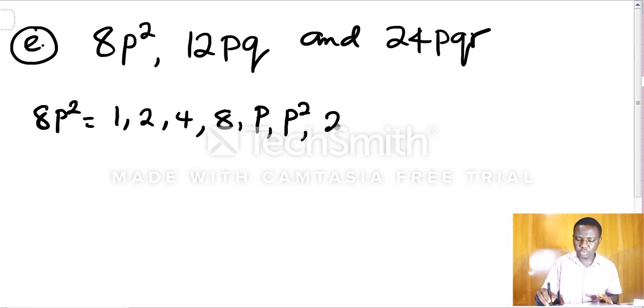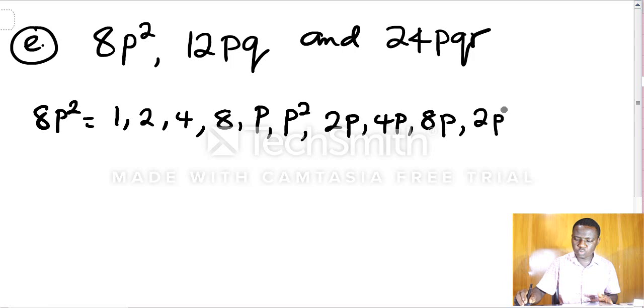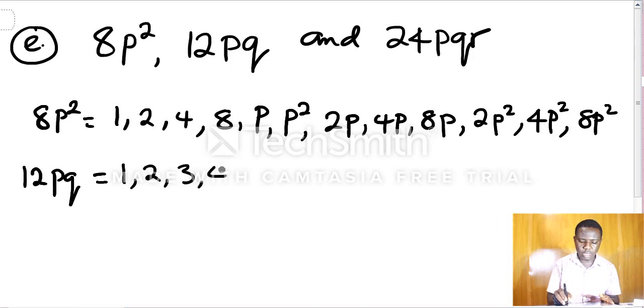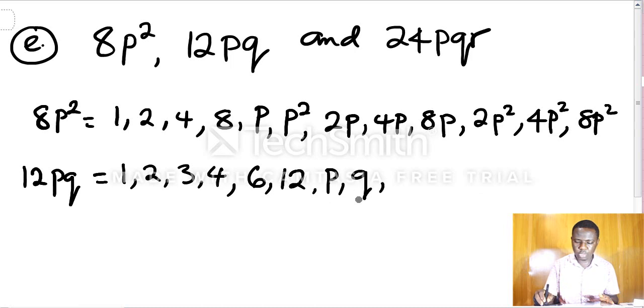Also, we have 2p, 4p, 8p, and we have 2p squared, 4p squared, and 8p squared as factors of 8p squared. While factors of 12pq include 1, 2, 3, 4, 6, 12, p, q, and pq.